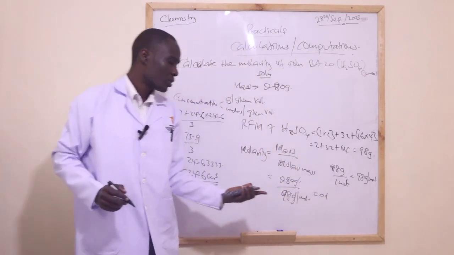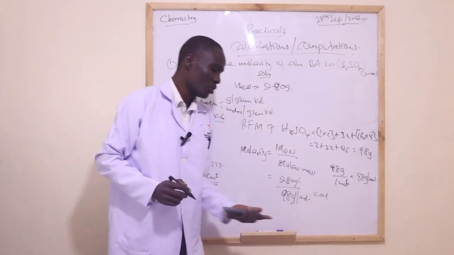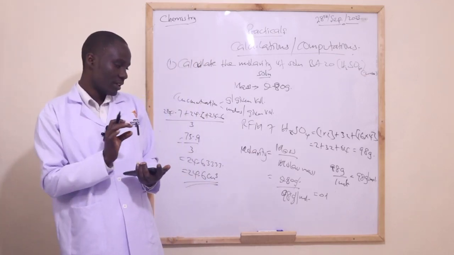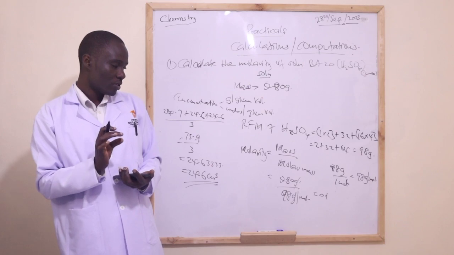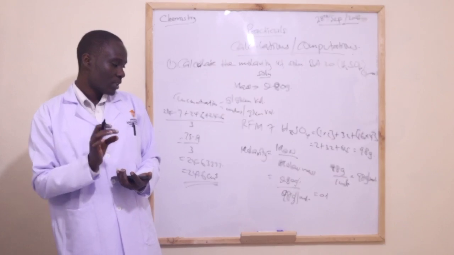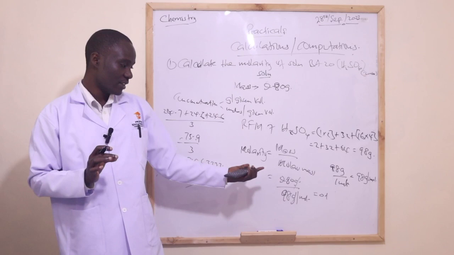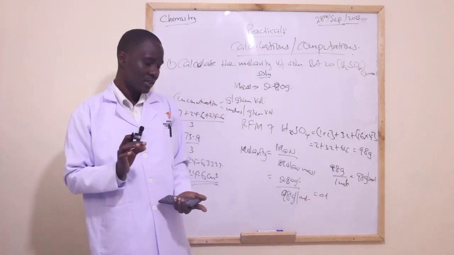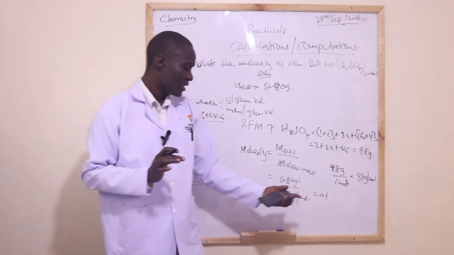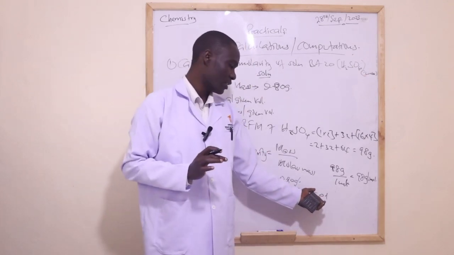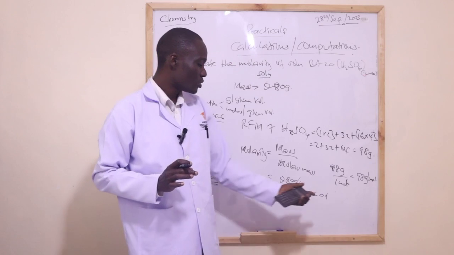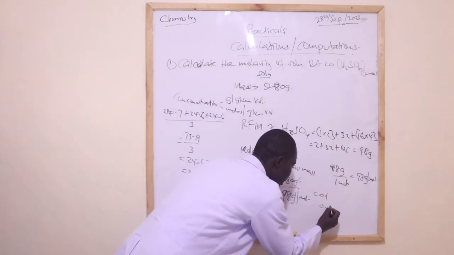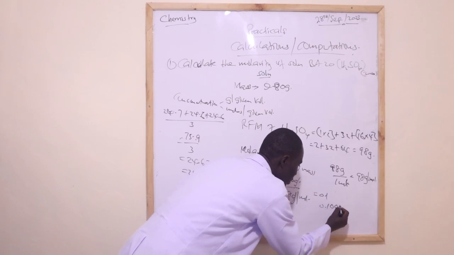Now, don't leave your answer as 0.1. Normally, you should always give your values after calculations to 3 significant figures. So in this case, this value 0.1 is just one significant figure, so we need to add 2 zeros beside the 1. Therefore we have 0.100.